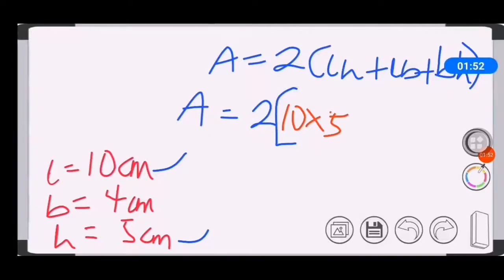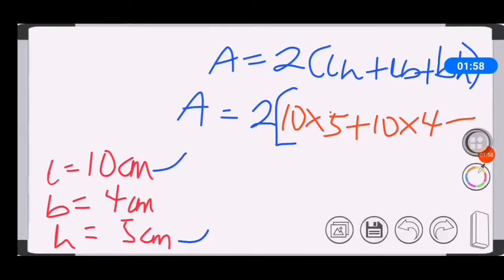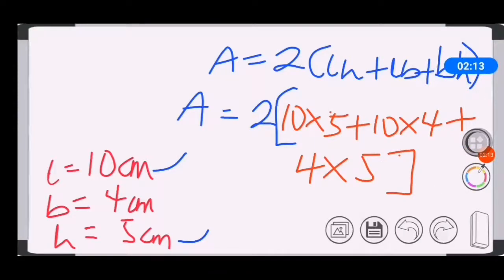So this will be added to 10 times 4. Then we add that to the last part, which is the breadth and height. So breadth is 4, height is 5. So you're going to have 4 times 5. Okay, we close the bracket in that way. So what is left is simplifying the bracket, and you get your answer.